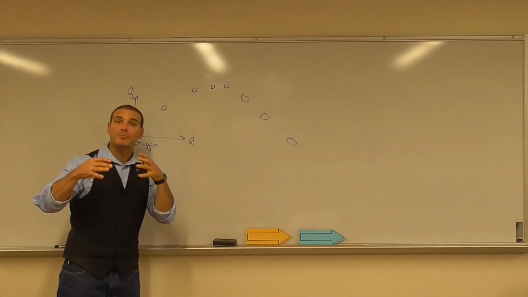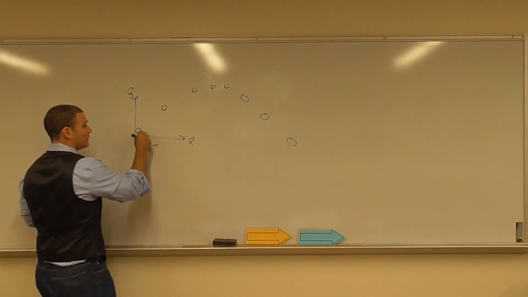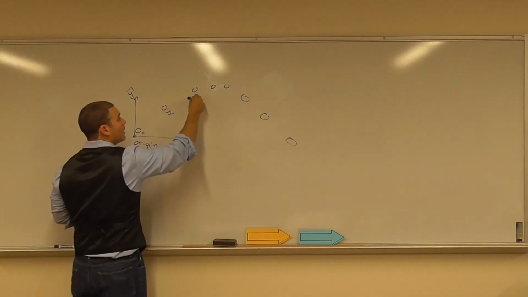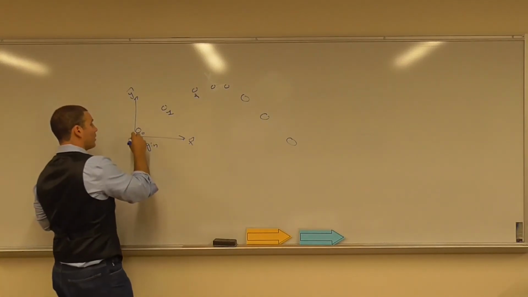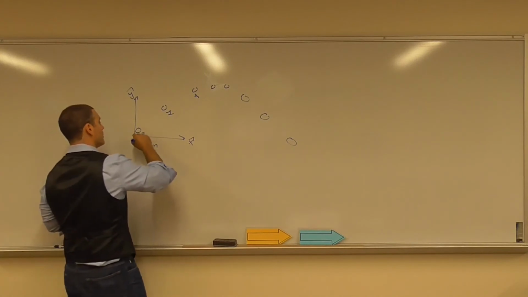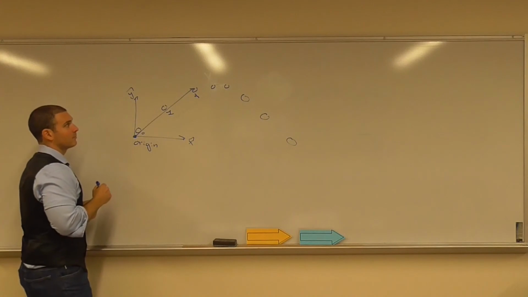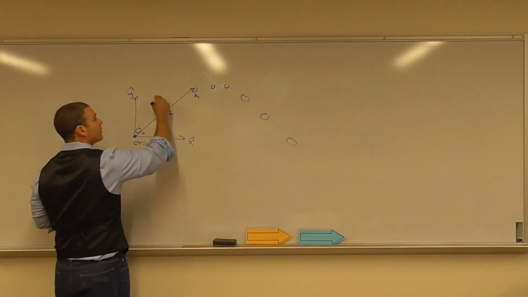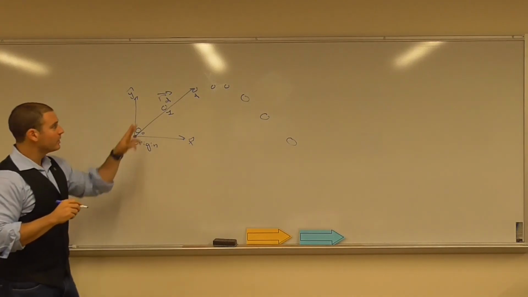If I want to think about a displacement vector from the origin, let's call this one 0, 1, and 2. If I wanted to draw the displacement vector, I draw it from the origin and I go to the point. I might call this R2, my displacement vector to that second point.